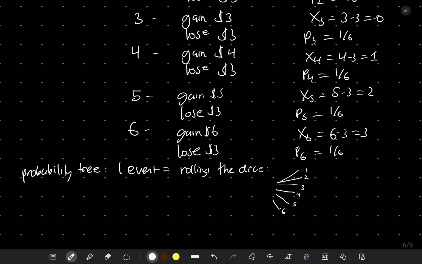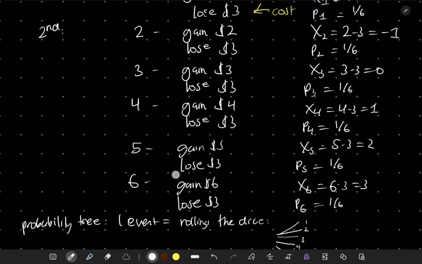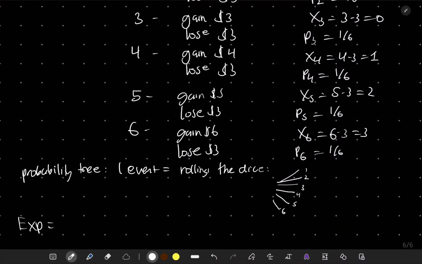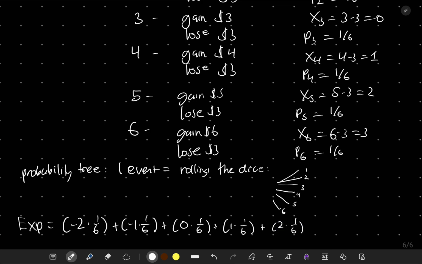So let's combine all of this to get the expected value. If I look at all these, I'll combine them together. Negative 2 times 1/6 plus negative 1 times 1/6 plus 0 times 1/6 plus 1 times 1/6 plus 2 times 1/6 plus 3 times 1/6.